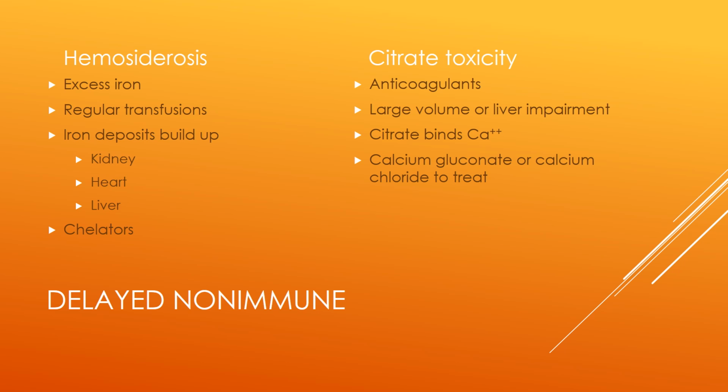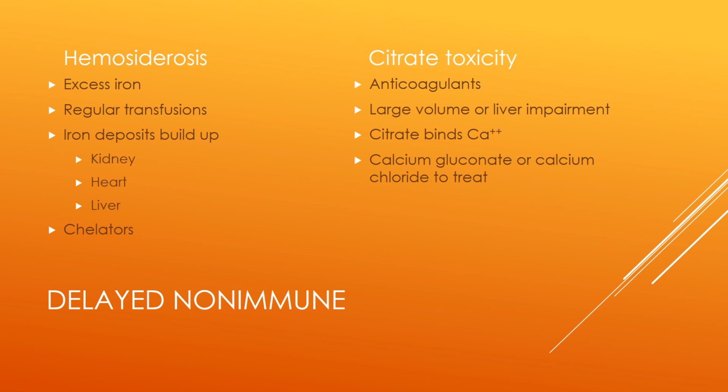We only excrete about 1 milligram of iron a day, usually in our stool. So if you have thalassemia and receive a transfusion every, I don't know, month or so, you're going to have iron overload, okay? And those iron deposits can occur anywhere: liver, kidney, heart, okay? But they interfere with the function of those organs.